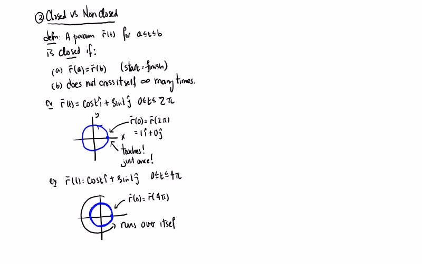That's infinitely many times, like a full circle. So it runs over itself at infinitely many points. So this guy up here, he's closed. This one is not closed because it is not allowed to do that. It's not allowed to touch itself, contact itself, cross itself. Cross is a bad word. Touch is a better word.